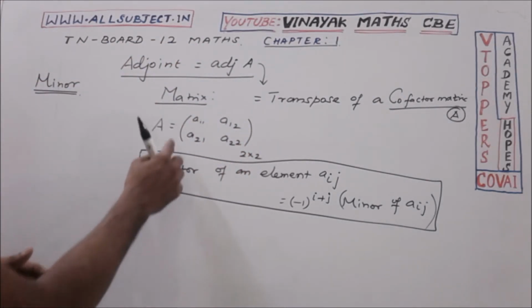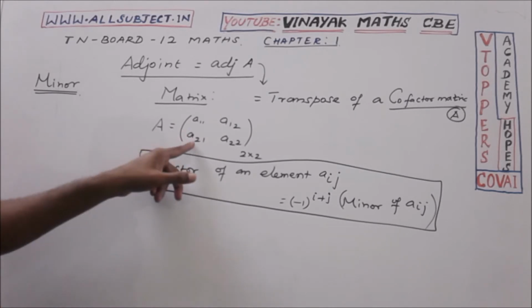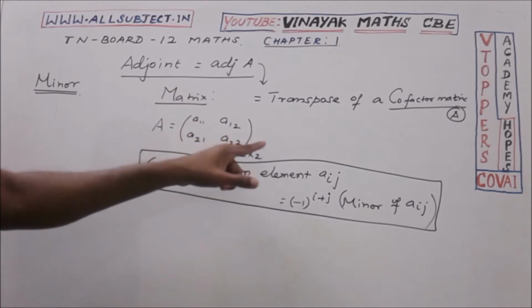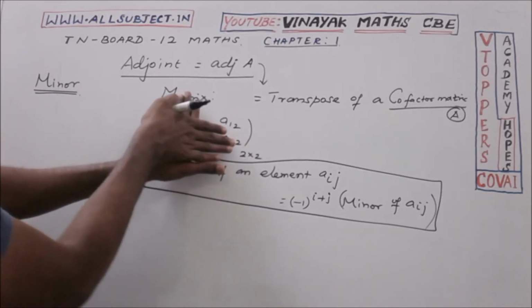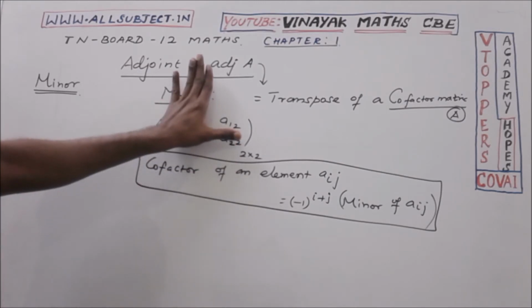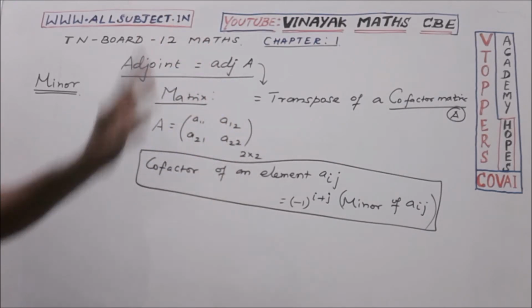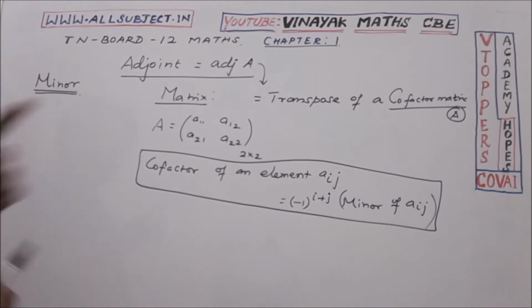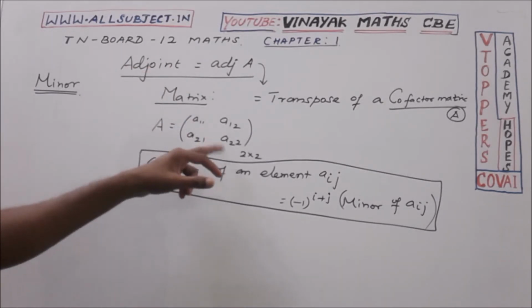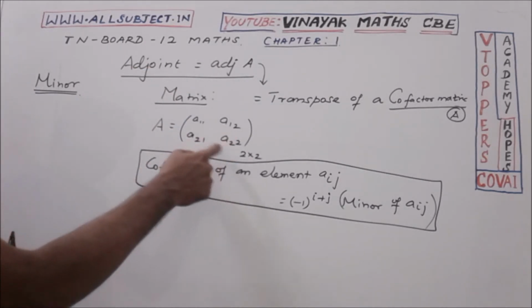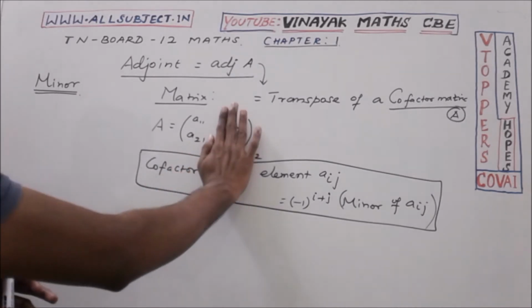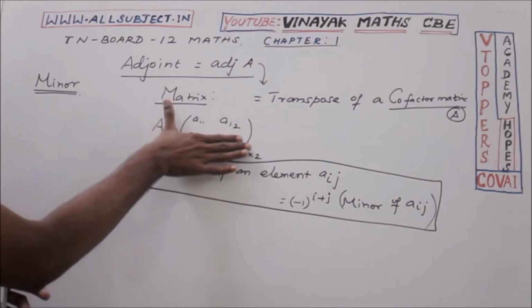Similar to that, what is the minor of A21? A21 is present in the second row, first column. So closing these two row and column, we have only A12 as the minor value of A21. And similarly, minor of A22: A22 is present in the second column and second row.